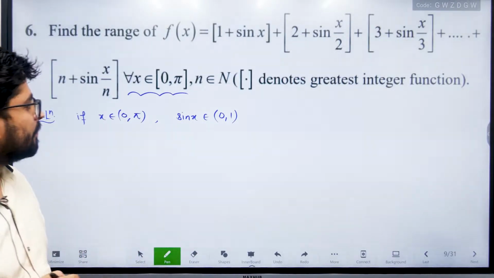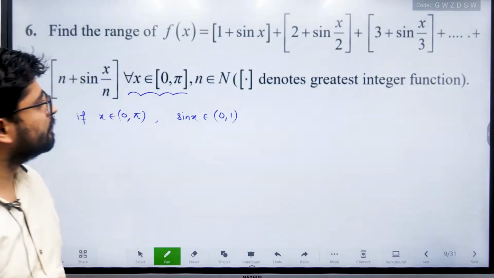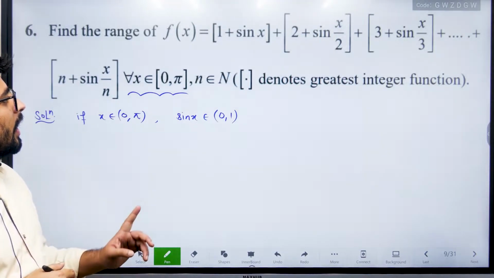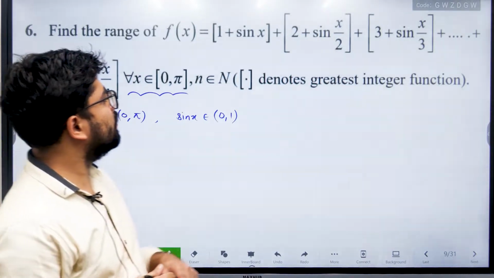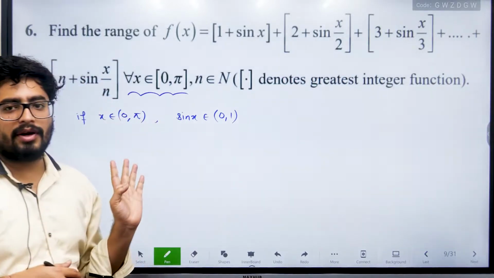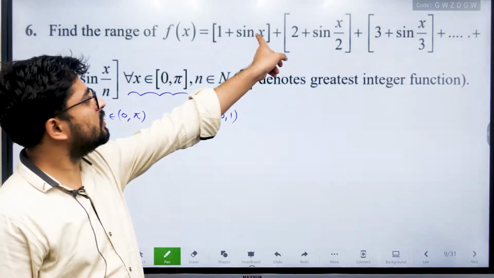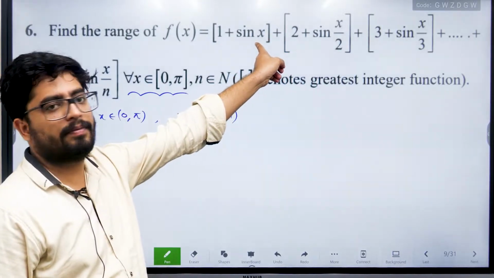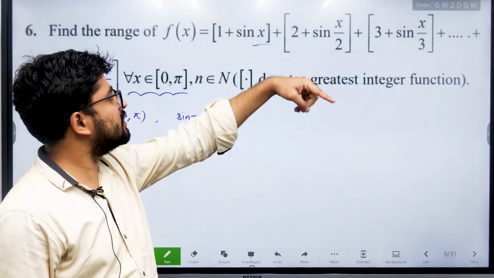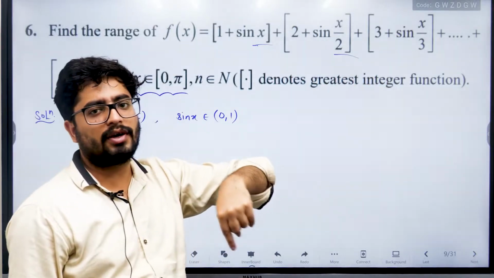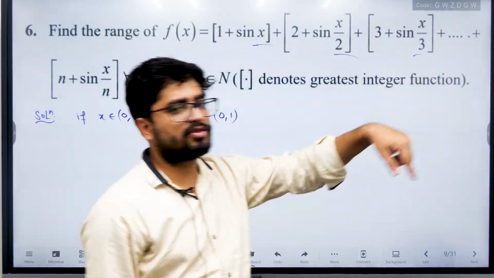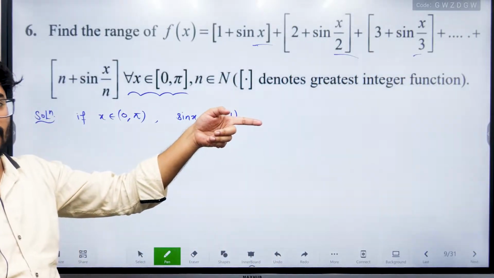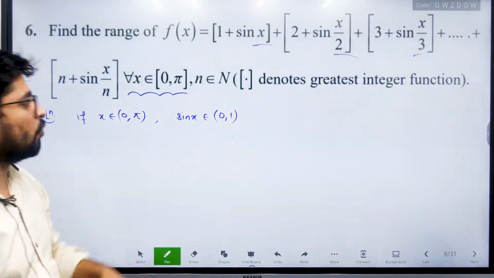Got it? And you have 1 at pi by 2. Here x is less than pi, so x by 2 is less than pi by 2. x by 3 is less than pi by 3, so you never get pi by 2. That's why we cannot take 1 here.